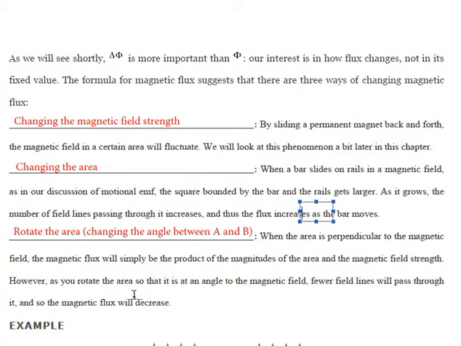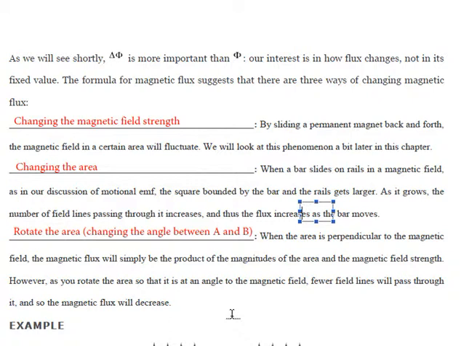So whenever you rotate the area so that it's at some angle, you'll get fewer of the lines passing through, so your flux is actually decreasing. So you kind of, in this rotation, if you start perpendicular, or you start with the area vector parallel to the magnetic field vectors, then you have some total amount of flux.